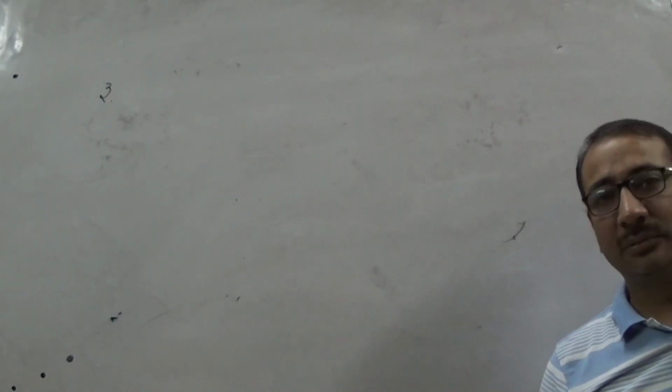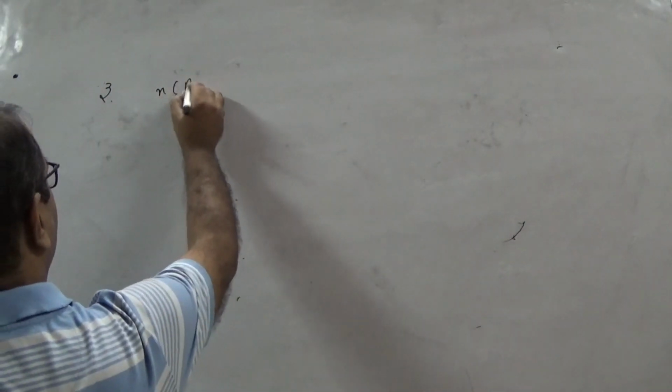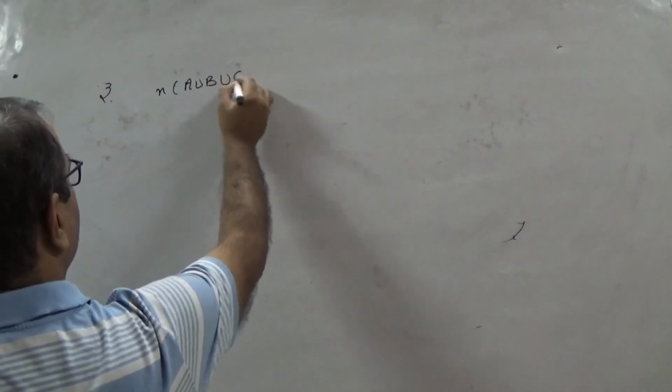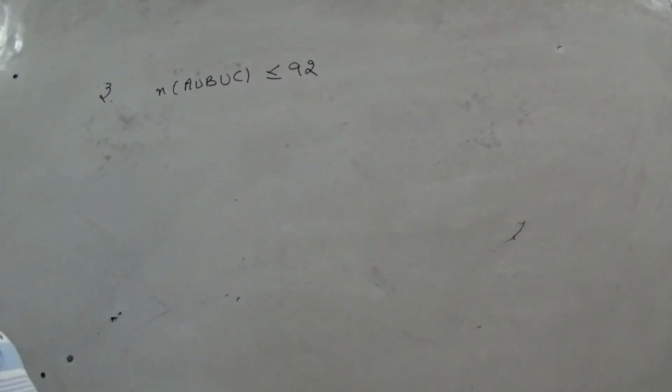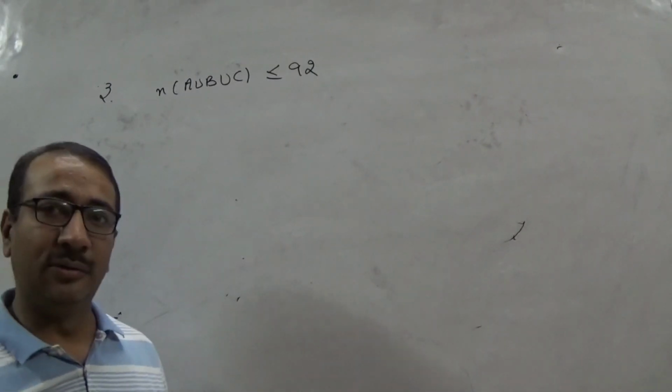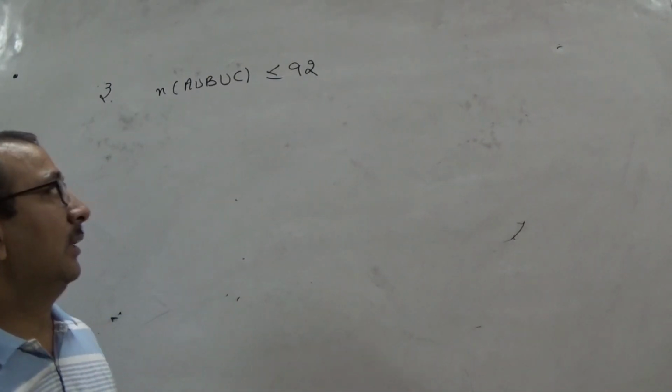And a student has the option not to choose any subject. That means it can also happen that some student has not taken any option. So the maximum number of students is 92. So one thing I can say, n of A union B union C is less than or equal to 92, because the maximum can be 92, it can be less than that too, because some students are there who have not opted for any subject.